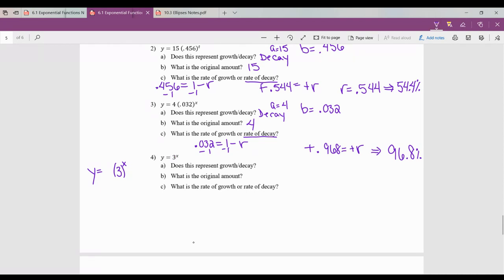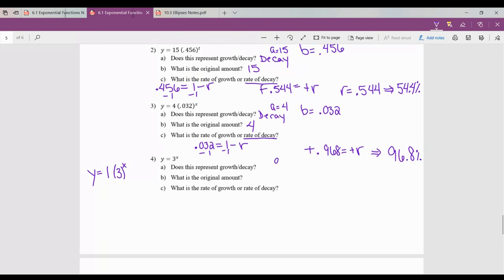What number is technically out in front? Well, it's technically a 1. Remember, if you have nothing shown, it's technically a 1 times that because then the 1 can disappear. So now my A is 1. My B is 3.